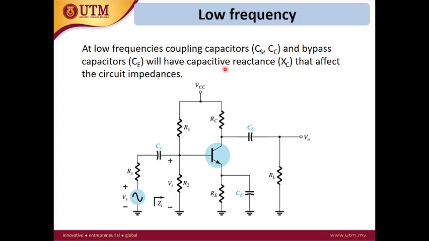So the coupling capacitor, for example, in this common emitter configuration circuit, we have coupling input CS, we have the coupling at the output CC, and then we have the bypass capacitor CE.